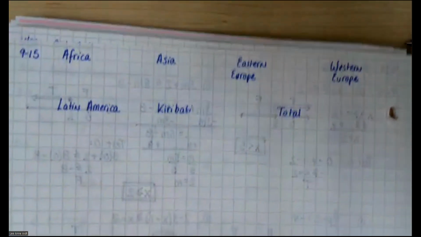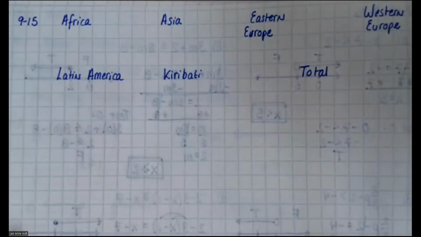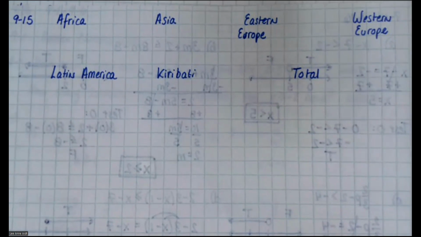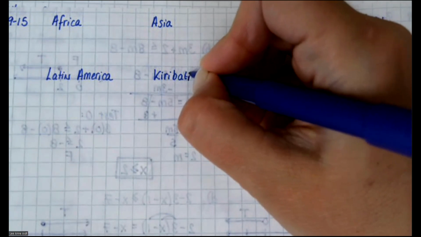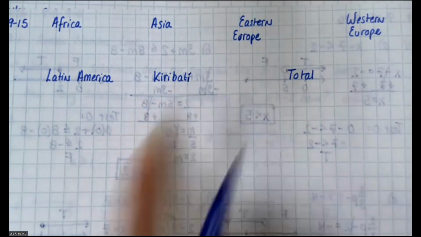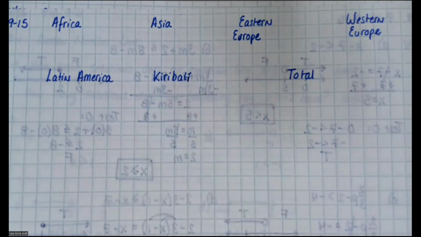Okay. Here's the setup for number 15, and I realize that it's weird, but just go with it. This, by the way, says Kiribati. It's a country. Kiribati.